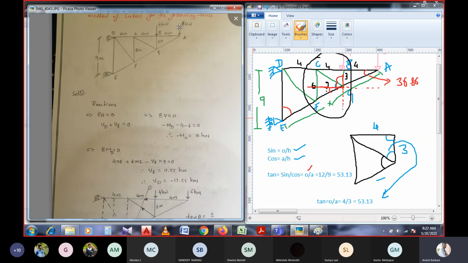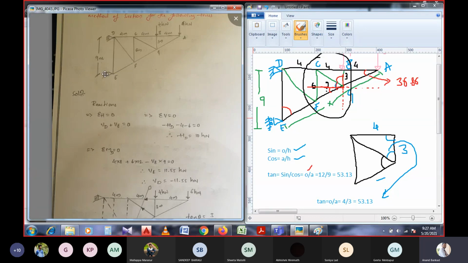And then plus we have a 6 kilonewton force which is acting 12 meter from the point D. So 6 into 12, which is again clockwise, so we have taken it as plus 6 into 12. And now we have another force, which is the reaction VE.